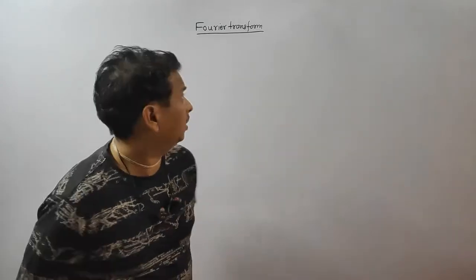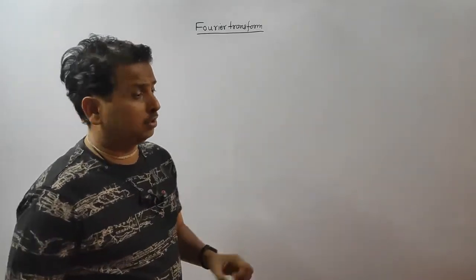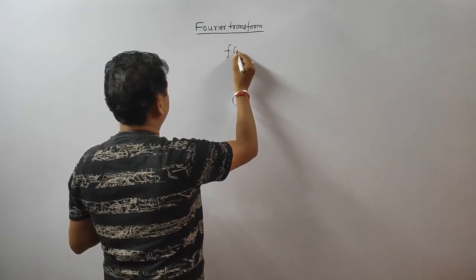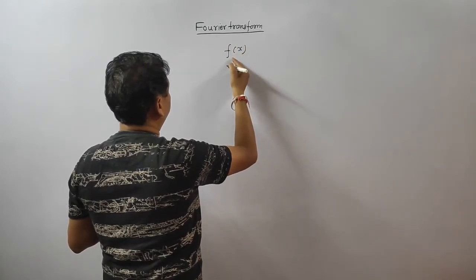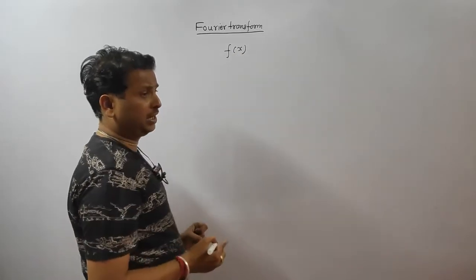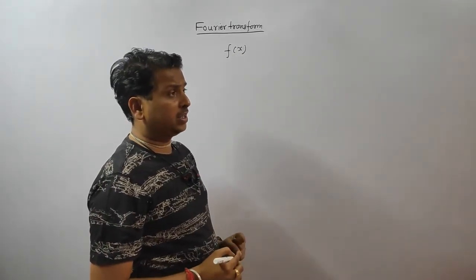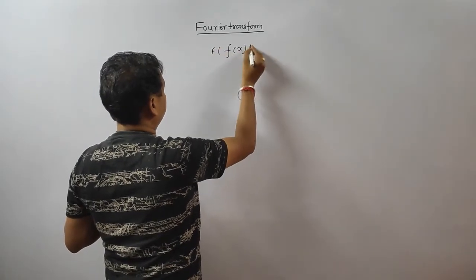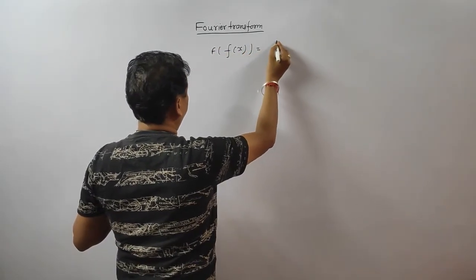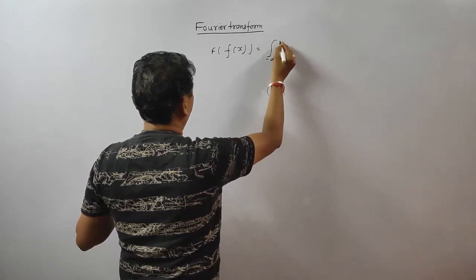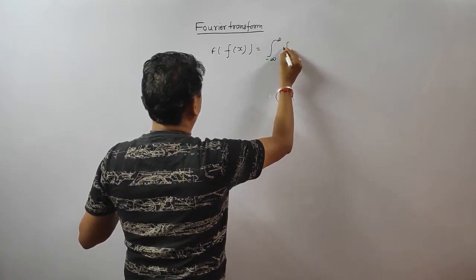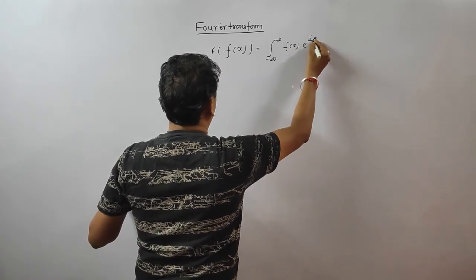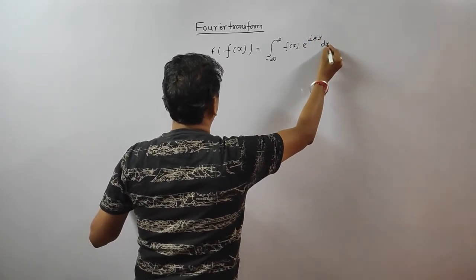So let me start. Fourier transform. Suppose a function f(t) or f(x) is given, either it will be given in terms of x or t, it doesn't matter. Given f(x), the Fourier transform of f(x) is denoted by the integral from minus infinity to infinity of f(x) e to the power iota sx dx.